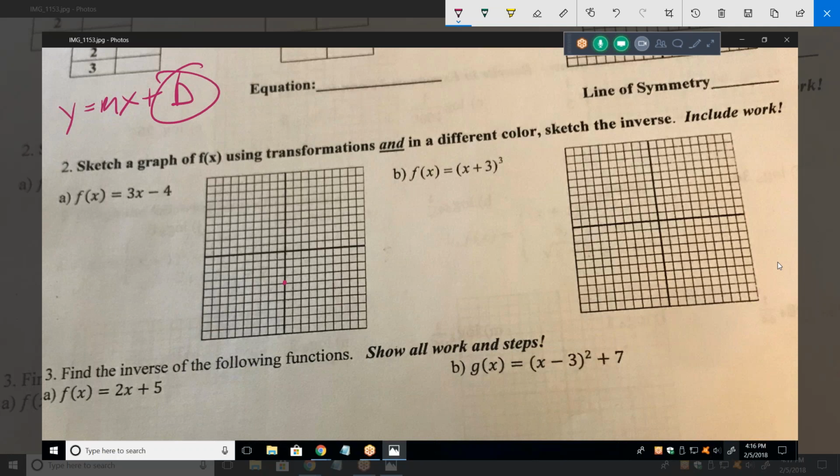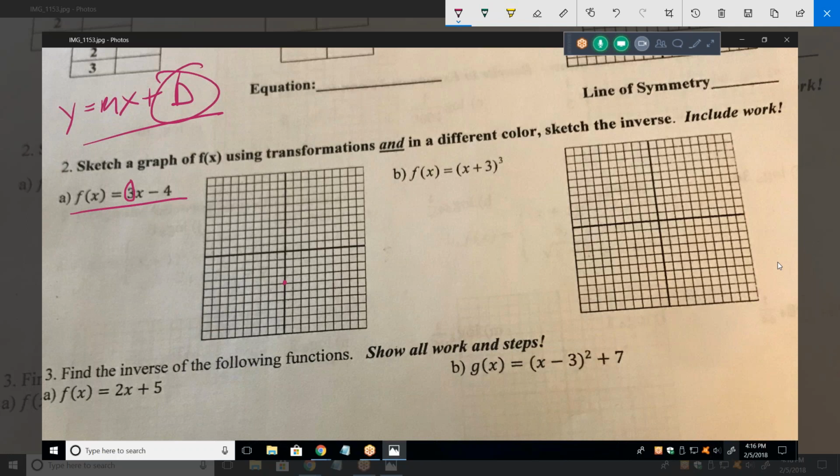Apply the slope to get the second point. Remember, these are all straight lines. That is a linear format. That's linear. So all I need is 2 points. So come up with a second point, I'll connect the dots, and we'll have our graph. In order to come up with the second point, you got to use the slope.